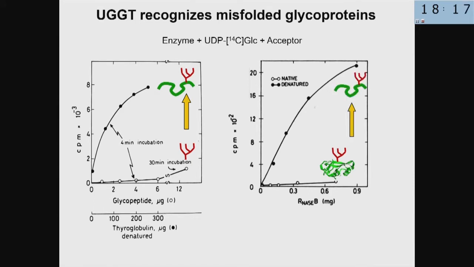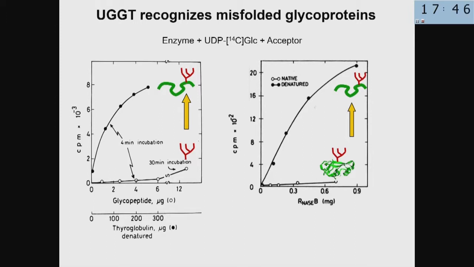Well, what are the structural features recognized by this enzyme? That's quite a difficult question to ask, because folding intermediates are by definition unstable, and permanently misfolded glycoproteins are a mess. So it's not easy to answer what are the structural features recognized by the enzyme.